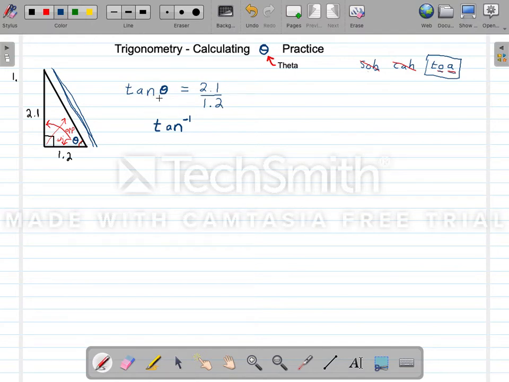Now, when you're solving for theta, that is the angle itself. Theta is the angle. So we're going to have the angle theta equals, and this is how you isolate theta. The angle theta equals tan to the -1 of this ratio over here, 2.1 divided by 1.2.